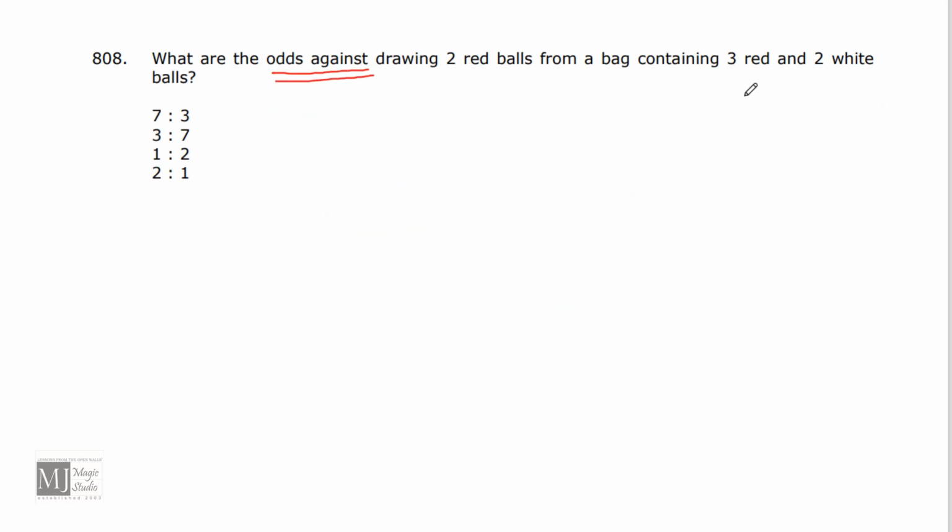Now, if we have an event A and the probability of occurrence of that is given by small a by small b, then odds against is what we are looking out for.